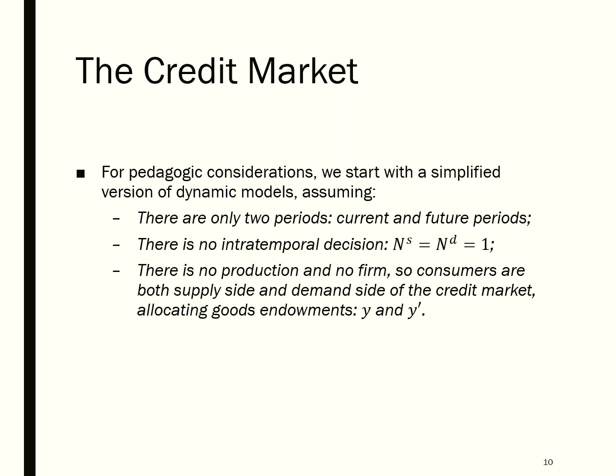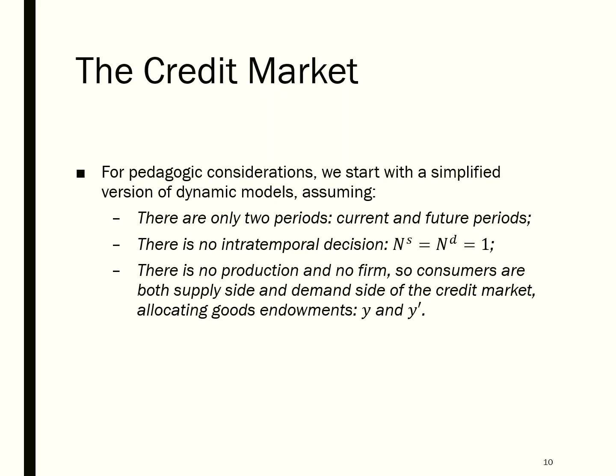Without losing generality, we only consider two periods because a dynamic decision usually affects two periods only. So there is a current period and a future period. For simplicity, there are no intratemporal decisions to make, so labor is fixed at 1. This is just like in the static model where capital is fixed at 1.